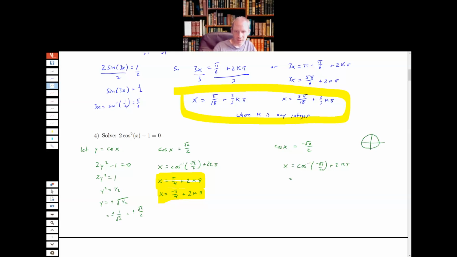I mean, my reference angle, right? If I think about root 2 over 2, I know I get a pi over 4, but cosine corresponds to x value. So if I get a negative value, it's going to be over here in the second quadrant. Okay, so I get a 3 pi over 4. And then again, my second set of solutions is the opposite of that, so negative 3 pi over 4.